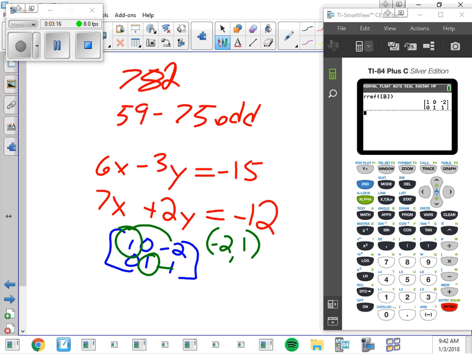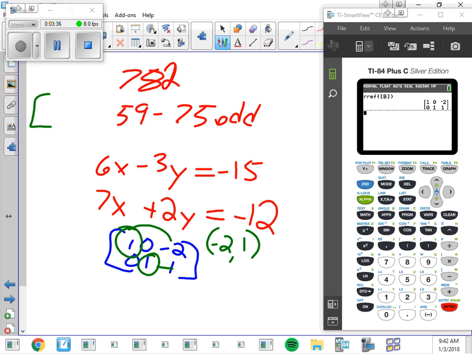What happens when we have infinite solutions? What will you see? The bottom row will be all zeros. What if you have no solution? Nope, the bottom row will be 0, 0, 1.